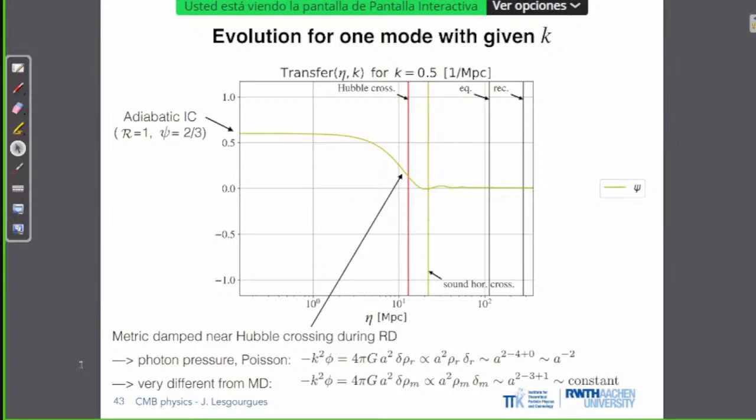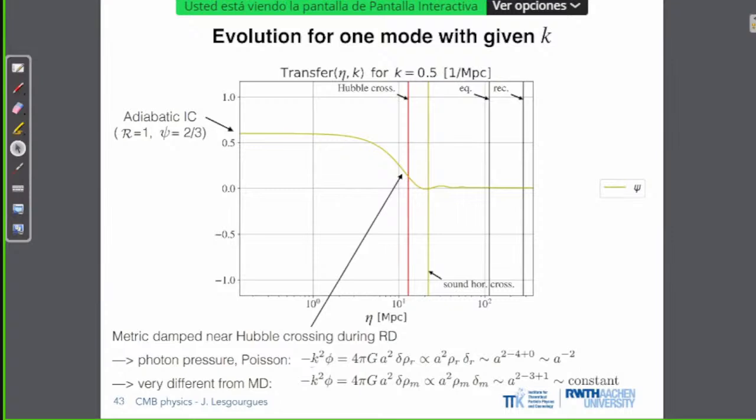Pressure is then more efficient than gravity and prevents significant gravitational clustering of the total matter. So in my Poisson equation, I replace delta rho r by the rho r of the background times the relative fluctuations. I remember that rho r scales like a to the minus 4, and I find that phi evolves like a to the 2, which comes from the Laplacian, but we moved it to the right.